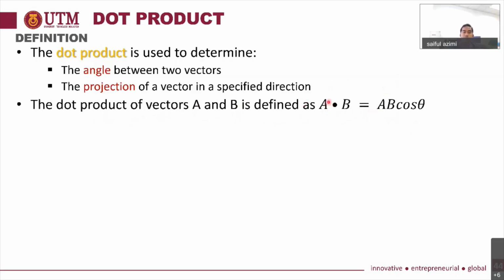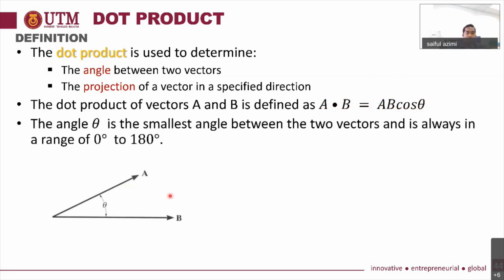Here A is a vector and B is a vector, because we want to find the product between two vectors. Whereas the A and B in AB are magnitudes, the magnitude of A and the magnitude of B. Theta is the angle between vector A and vector B. So the bold A dot bold B equals the normal A multiplied by the normal B multiplied by cos theta.